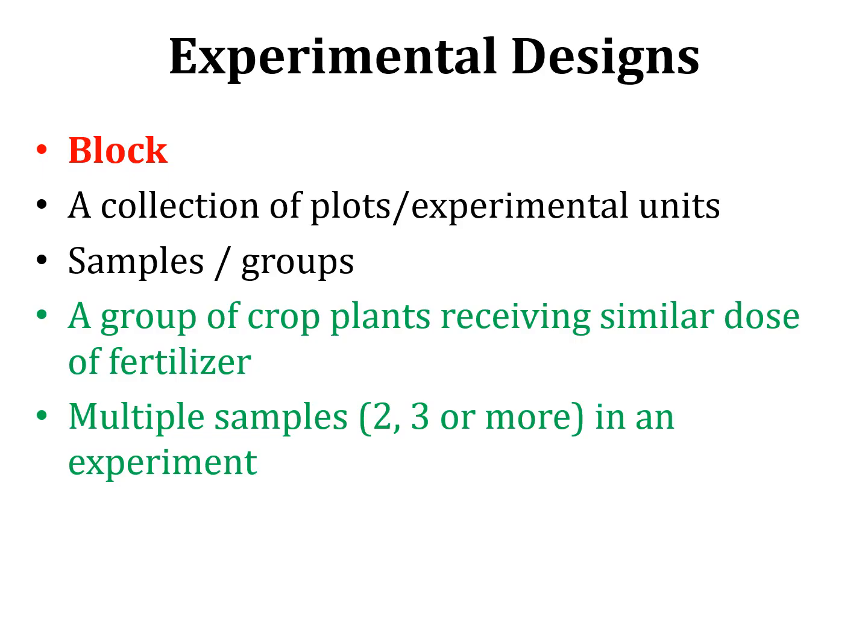A collection of the experimental units that receive a similar type of treatment is known as a block, or a group, or samples. And because we are applying different doses of the fertilizer, or different treatments of our independent variable, we are going to have more than one block in our experiment.